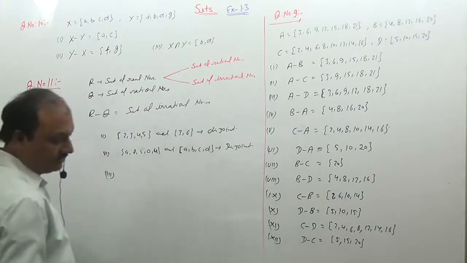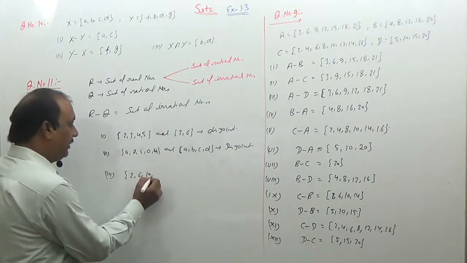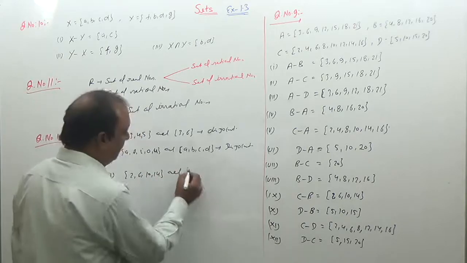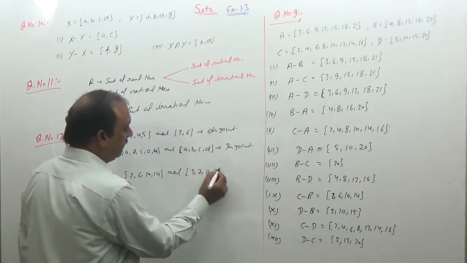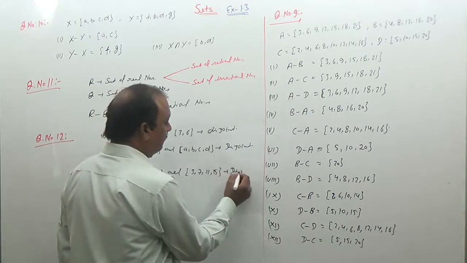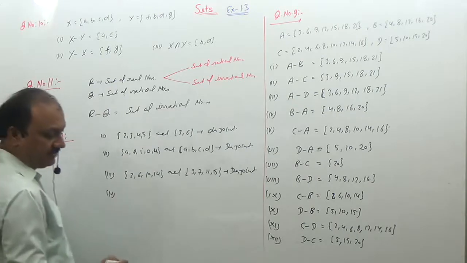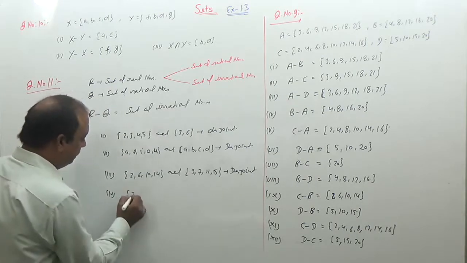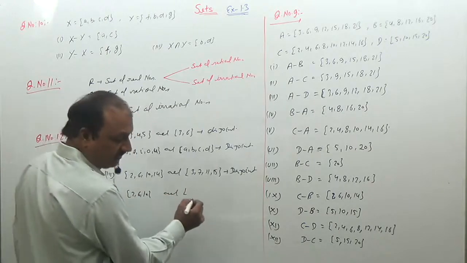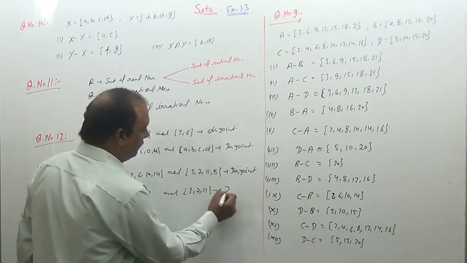Third one is, the set of elements 2, 6, 10, 14 and another set 3, 7, 11 and 15 are disjoint. And fourth part is, 2, 6, 10 and another set 3, 7, 11 are disjoint.